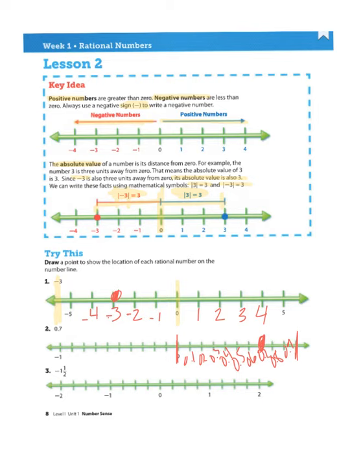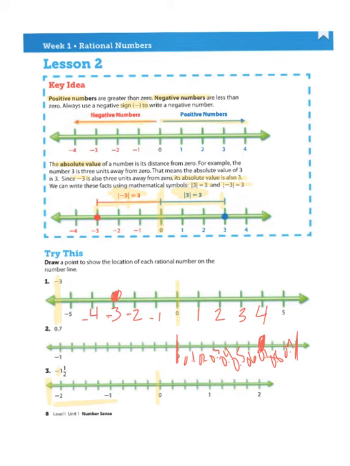Number 3, negative 1 1/2. Okay, this is a negative number again. So my answer can only be in between this range right here because that's where the negative numbers go. So negative 1 1/2. Since I have a whole number right here, my answer is going to go somewhere in this range, because after negative 1 whole, that's where we would see that number.